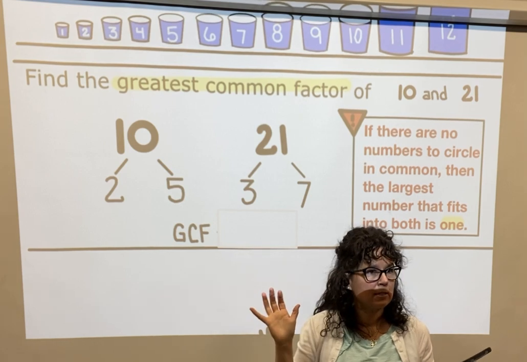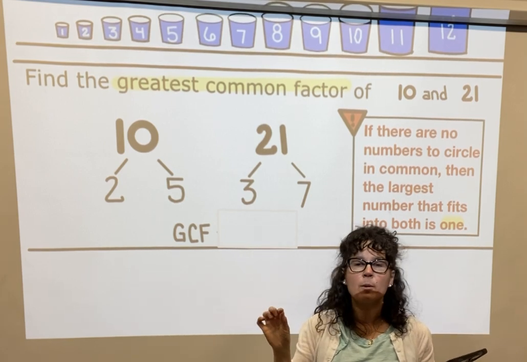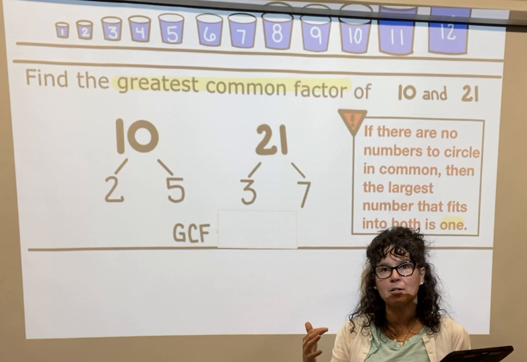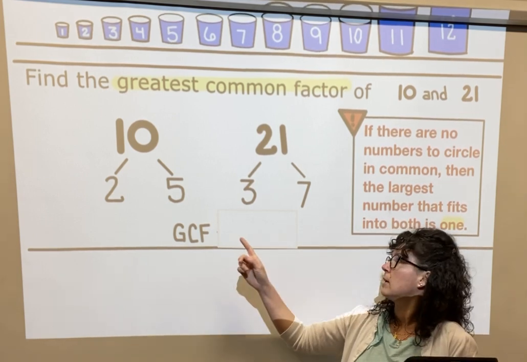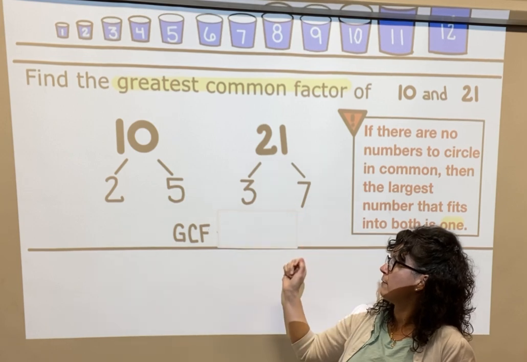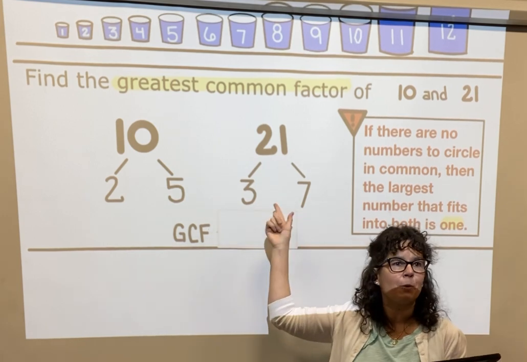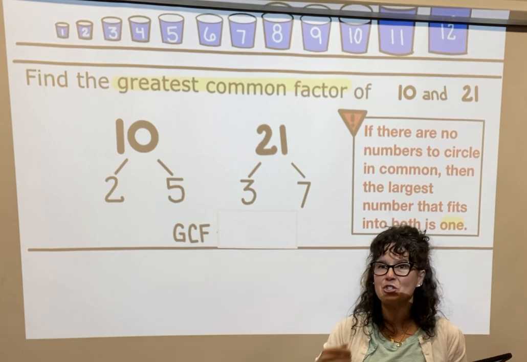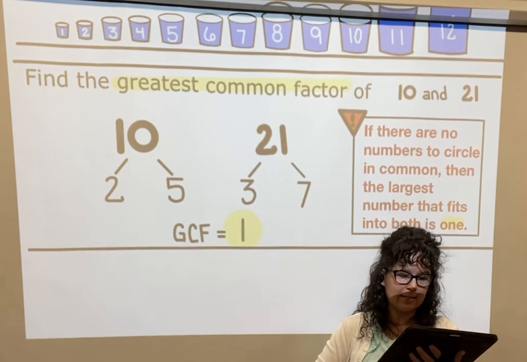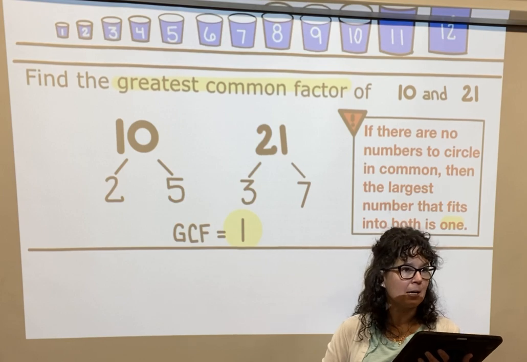And then maybe you're stuck. But remember, the meaning of a greatest common factor is what's the biggest number that fits into both. And what's the number I can't use in a factor tree? That's why it doesn't show up. 1 is the biggest number that fits.